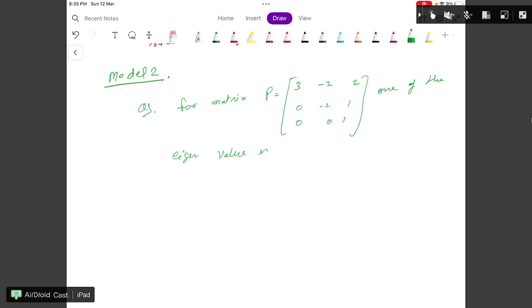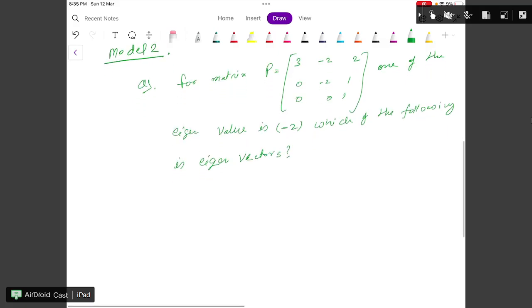One of the eigenvalues is minus 2, which is given. Which of the following is an eigenvector? It is asking which of the following is the eigenvector.